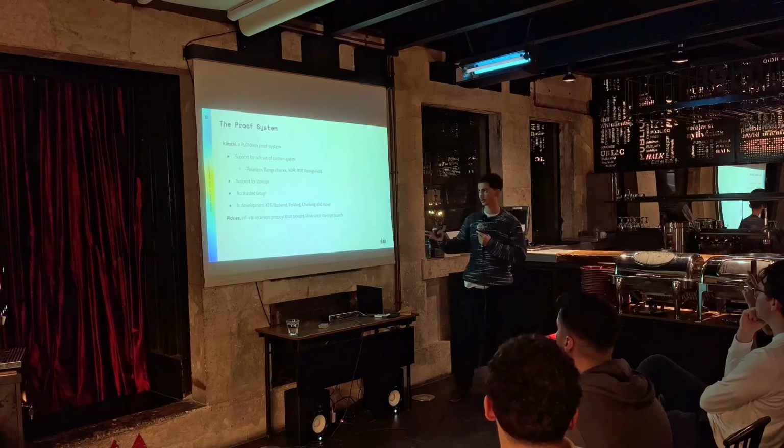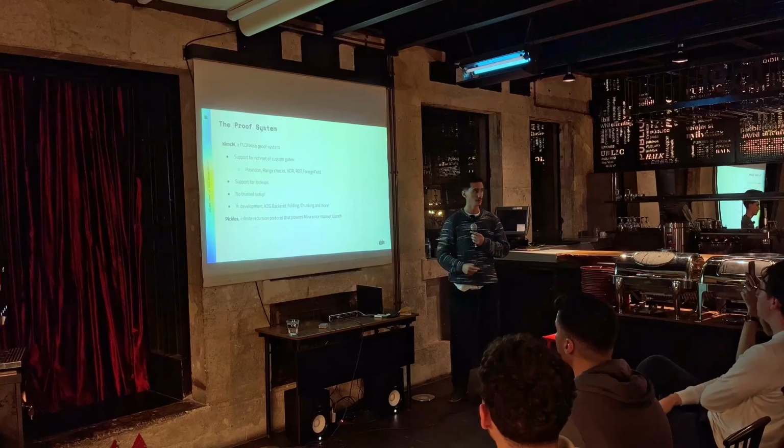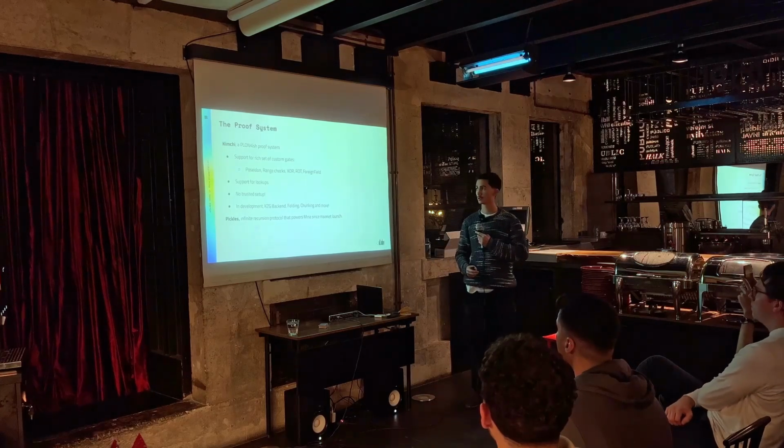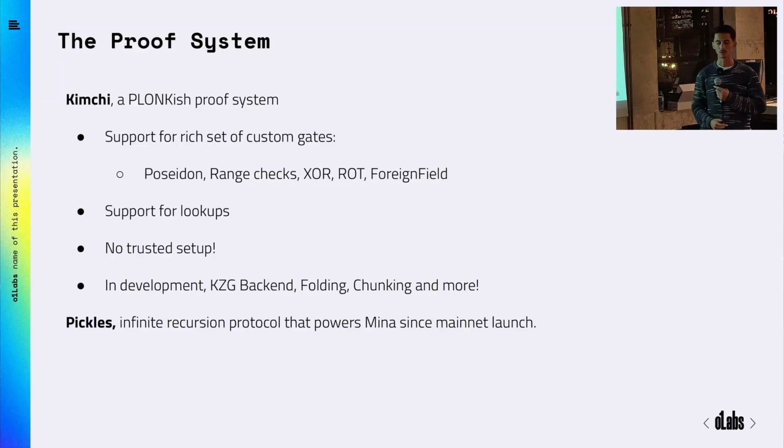The proof system that enables this is Kimchi and Pickles. Kimchi is a Plonkish proof system that supports a rich set of custom gates: Poseidon, range check, XOR, rotation, foreign field, and it supports lookups. It doesn't have a trusted setup.